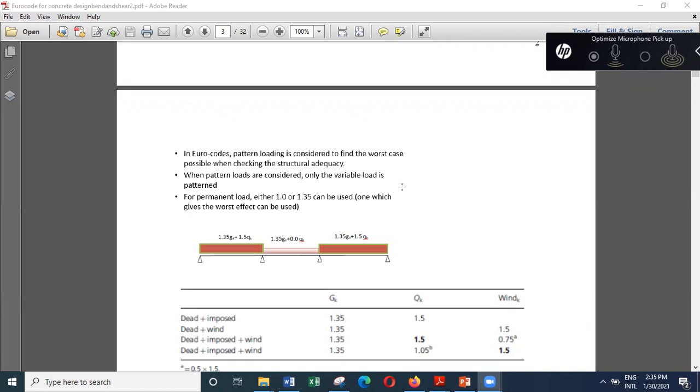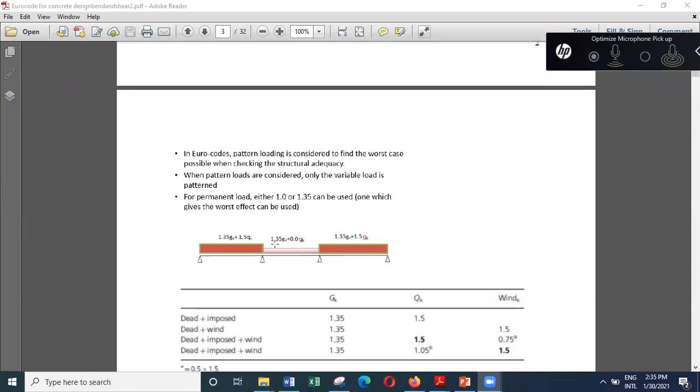So when you are considering the dead weight in the beam, then the unfavorable condition is 1.35 GK. So if you have decided to use 1.35 GK and get the bending moment envelope, then everywhere you will use 1.35. Whereas if you have decided to use 1.0 here, then here also you will use 1.0 GK.